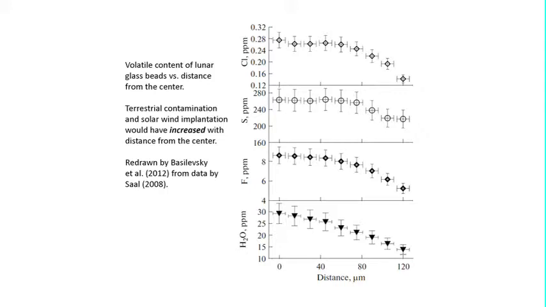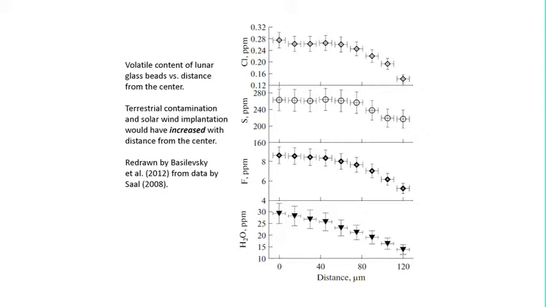The surface would be contaminated, the center of the bead would be more pristine. And so this was a big deal. From the number of papers that quote this Saal et al. paper, it's clearly this changed a lot of people's thinking about lunar hydroxyl or lunar water.